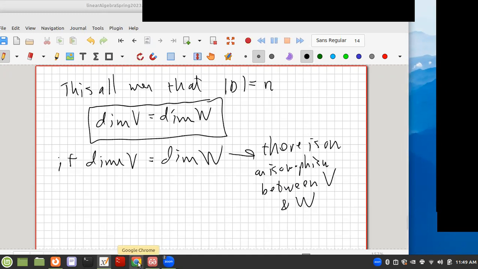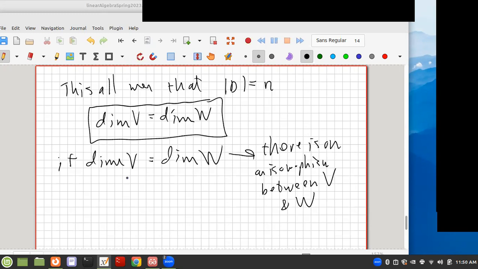Basically, it's in the text, but if the dimensions of two spaces are the same, you could choose a basis of V and a basis of W, and you know they have the same number of vectors. And then we could map each of the basis vectors in V to W. We haven't done this yet, so I'm not going to do this right now.